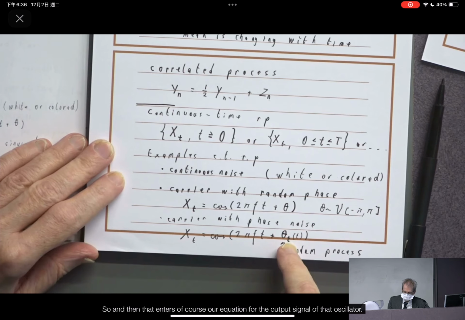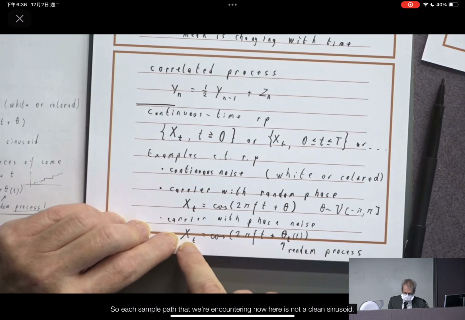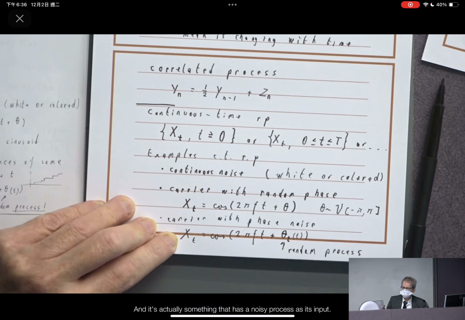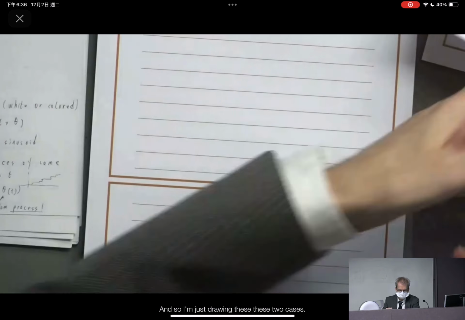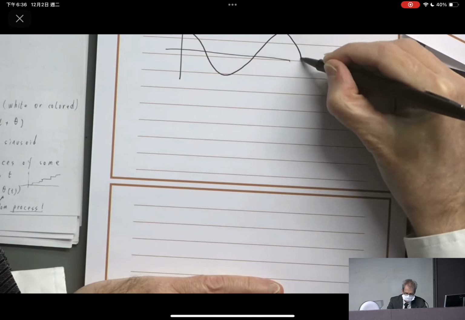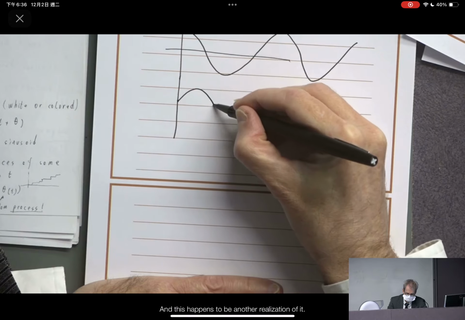That then enters, of course, our equation for the output signal of that oscillator. So each sample path that we're encountering here is not a clean sinusoid. It's actually something that has a noisy process as its input. I'm just drawing these two cases. In the first case, let's say this happens to be my sinusoid, and this happens to be another realization of it.